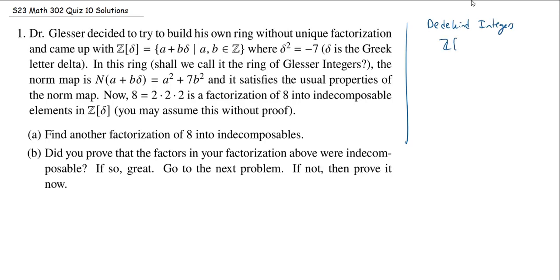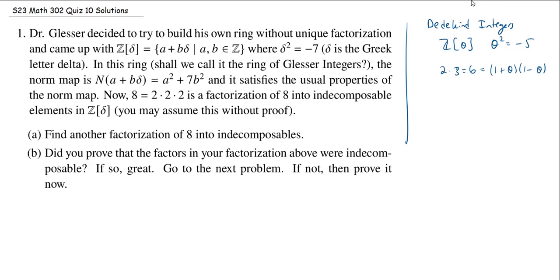Z adjoin theta, where you recall theta squared is -5. And we saw that in this ring, you lose unique factorization because, for example, 6 could be written, of course, as 2 times 3, but also as 1 plus theta times 1 minus theta.